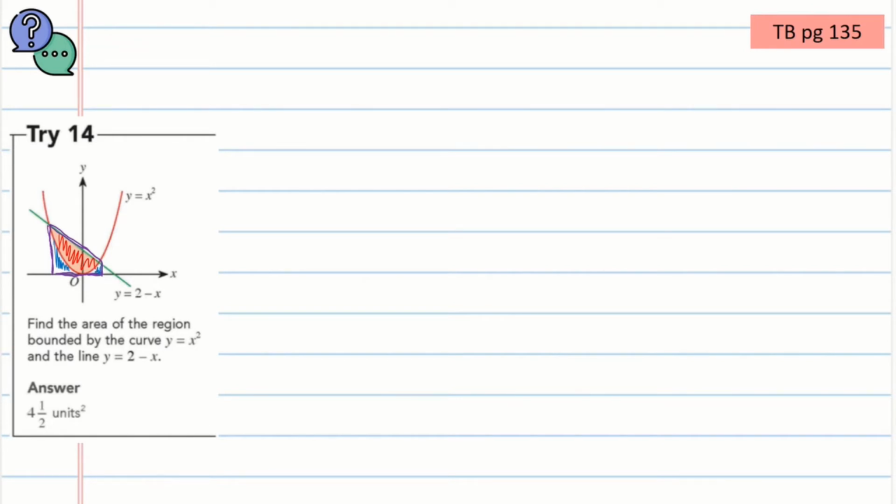Do take note that although it seems as though the blue parts are in two different segments, it is okay to just consider from, let's say, A to B, to see these two parts as the definite integral from A to B of x squared with respect to x.